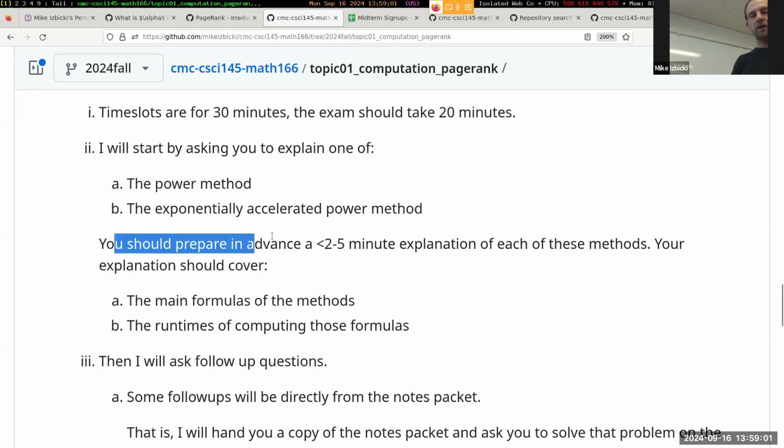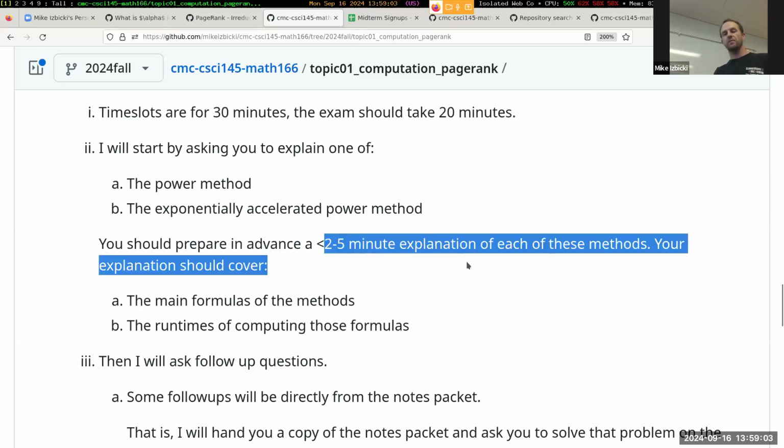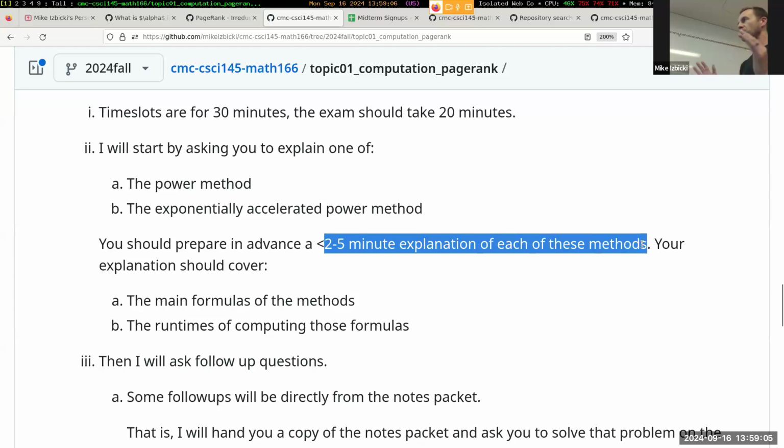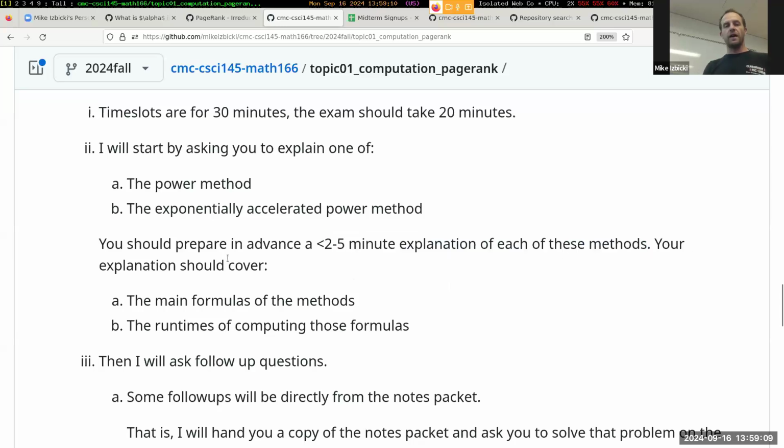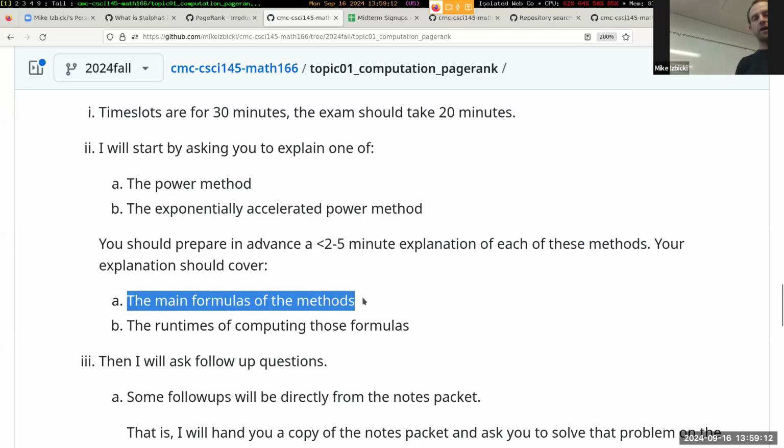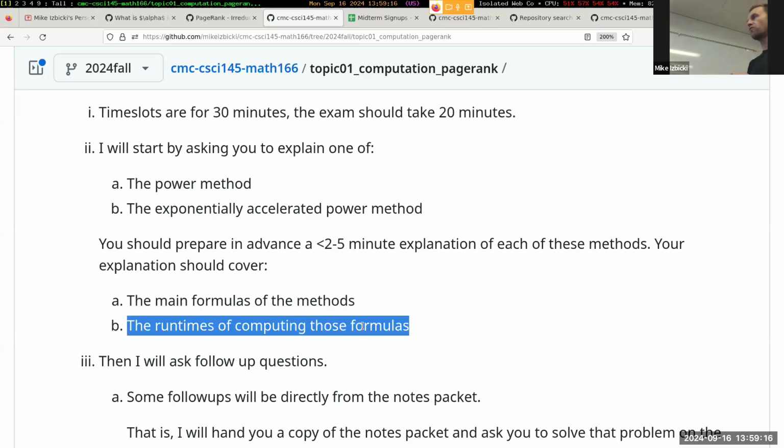So you should prepare in advance a 2 to 5 minute explanation of each of these methods so that whichever one comes up for you, you are able to immediately tell me about. And your explanation should cover all the important formulas for the method and how to get the runtime of that method and why that runtime is important, whether it is good for the web or not good for the web.